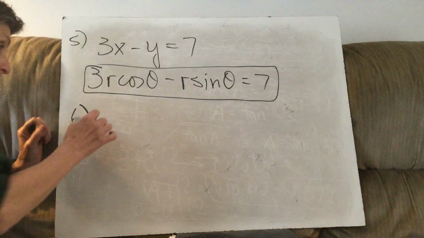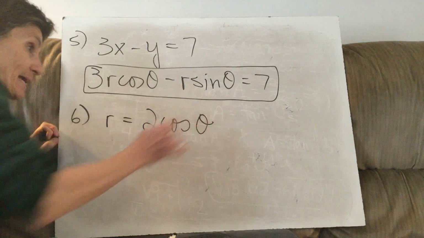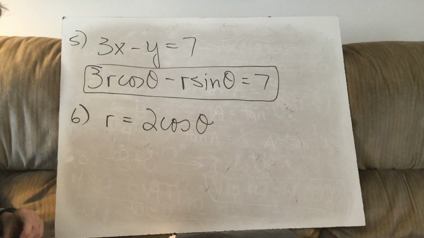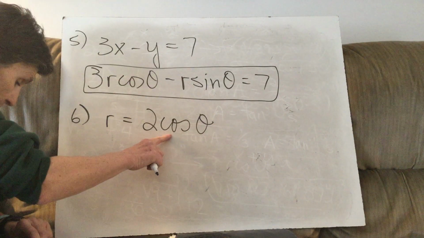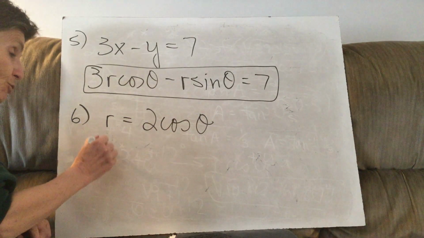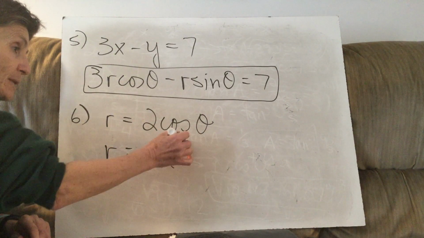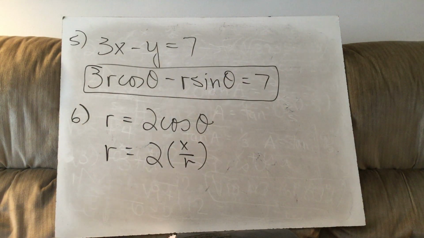All right, now we're going to convert to a rectangular equation, and this is a little bit harder. More steps for sure. So step 1, rewrite cosine theta in terms of its definition. Its definition is x over r. Now, I've said this before.